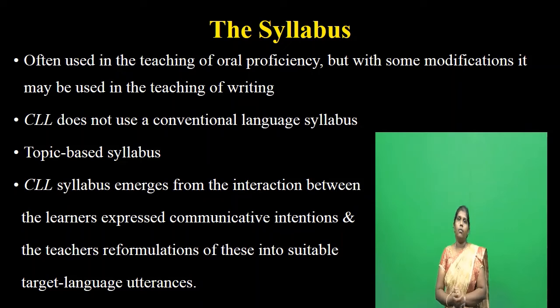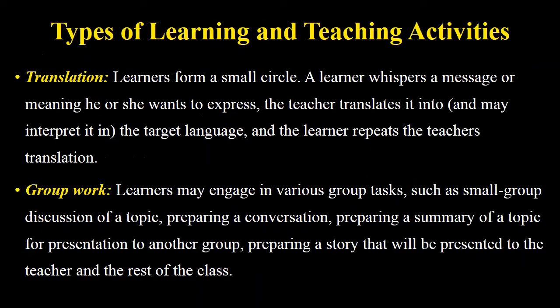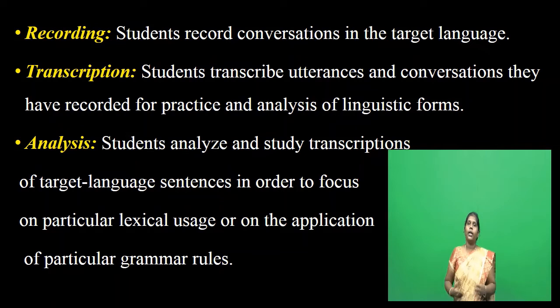And we move to the very important aspect, the types of learning and teaching activities. What kind of activities we could tell is an important question, kindly make note of it. First one is translation.